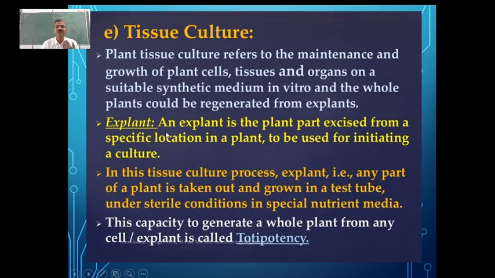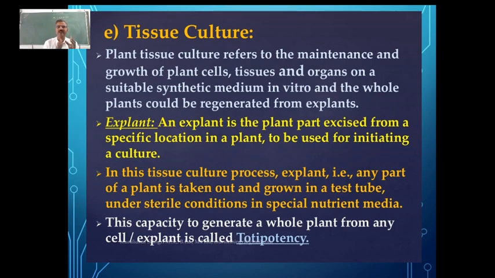So here we make use of the explant. As I told you already, the explant is the part of the plant which is extracted for initiating the culture. This explant is taken in the nutrient medium containing sugar and also some hormones, and the vegetative cells are able to generate a whole, complete plant.